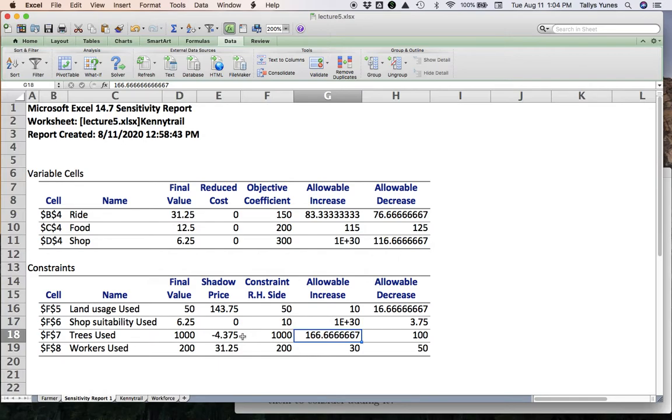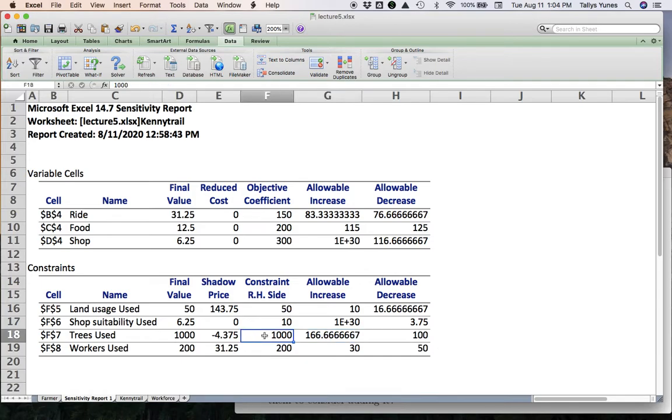In our case here, the value of the optimal solution is profit per hour of the park. So these shadow prices will always have the same unit as the objective function, because our objective function is in dollars per hour, all of these numbers here are also in dollars per hour.